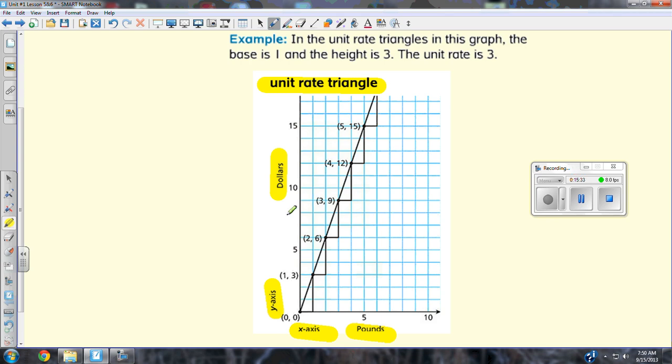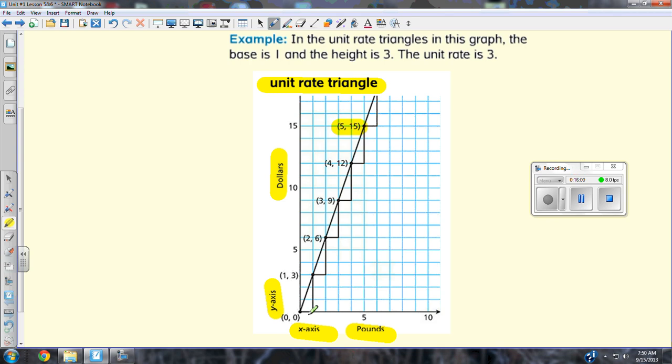So what it's showing here is 1 pound, $3. So there's your 1 and 3, your x and your y-axis. And then it shows 2 pounds, 6, 3 pounds, 9, 4 pounds, 12, 5 pounds, 15.